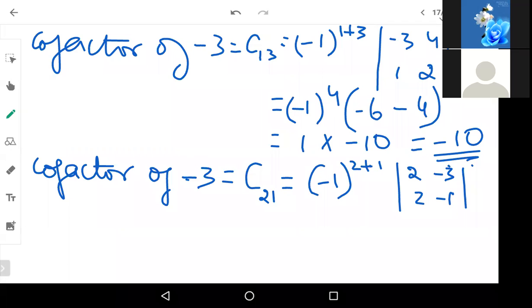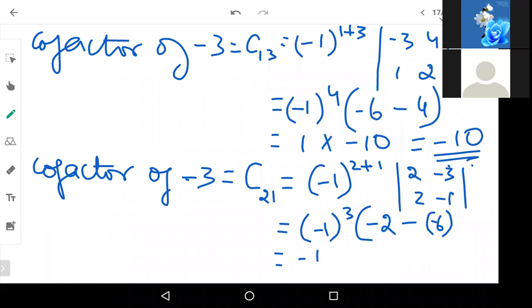Correct. Continue. Minus 1, 2 into minus 1 is minus 2. Minus of minus 6. So minus 1, 2 minus 2 plus 6 will give me 4. So it will be minus 4. Okay. Next.